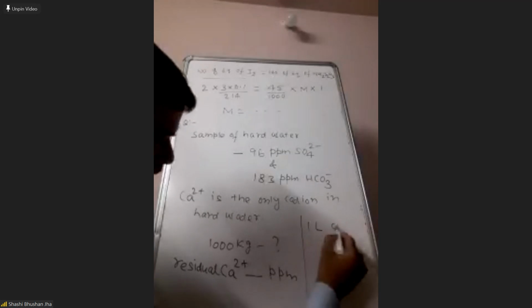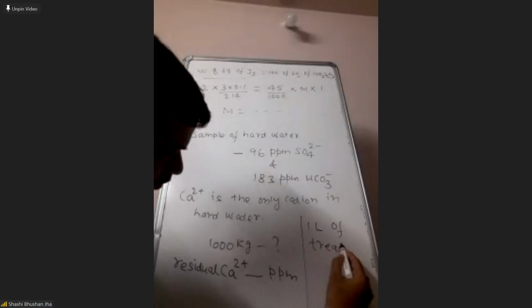If the calcium ions in 1 liter of the treated water are completely exchanged with hydrogen ions, then what will be the pH of the solution?